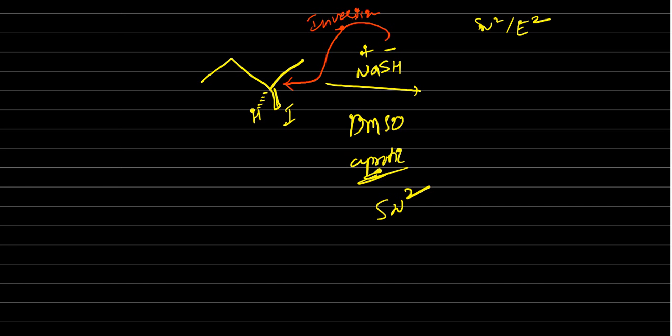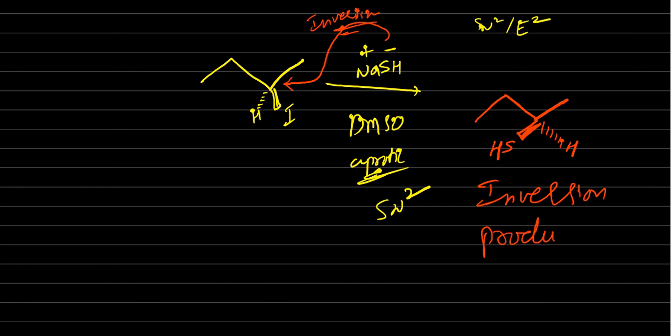So if you take this stereochemistry also, then obviously the SH will be on the thick line, and this will be the dotted line. It gives the inversion product.